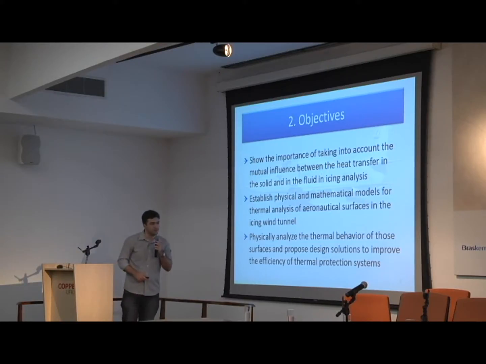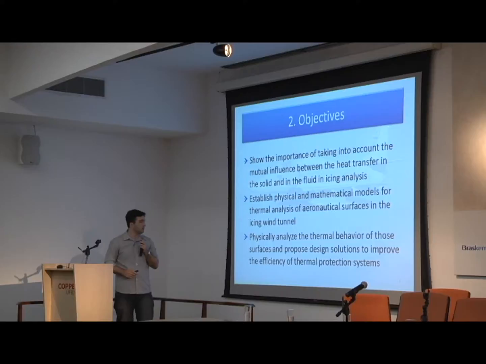Well, the importance here is to show the importance of taking into account the mutual influence between the heat transfer in the solid and in the fluid, and to establish mathematical models for the thermal analysis of the surface, and in the future of ice accretion over the surfaces in the icy wind tunnel that we saw yesterday.